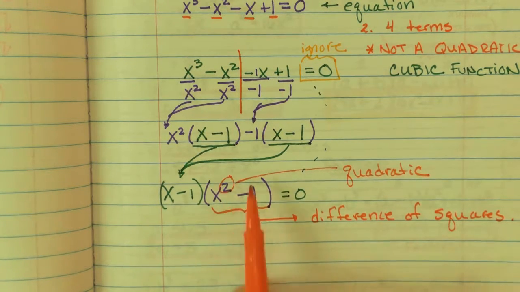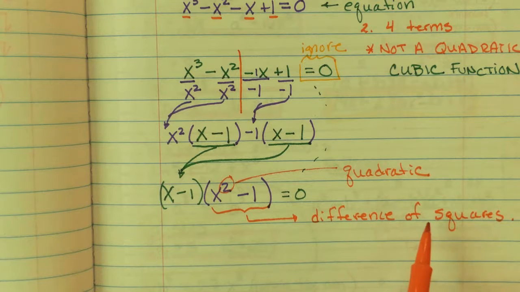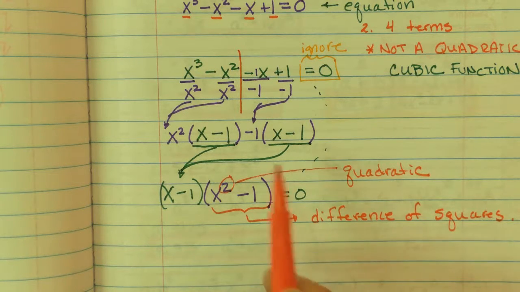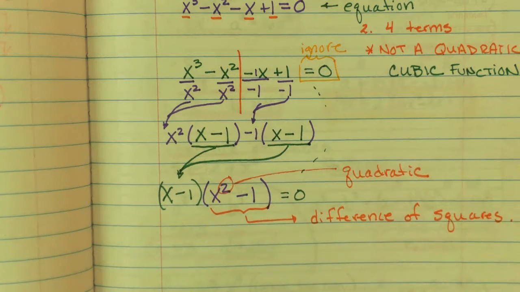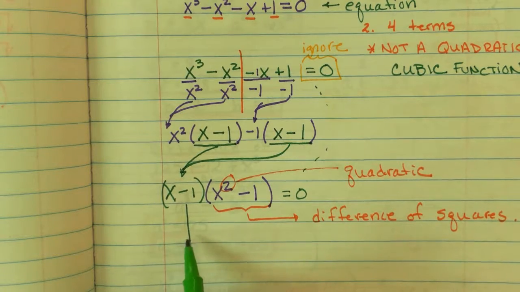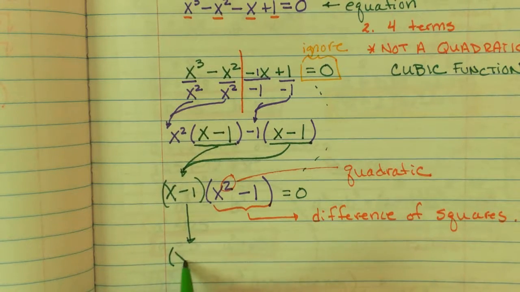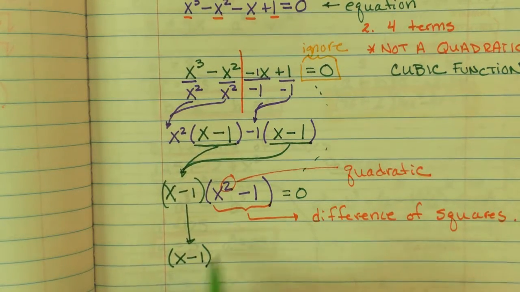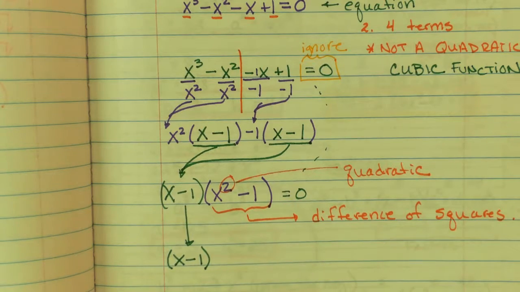So I have to see if I can factor that, and because it's a difference of squares, I can. Sometimes when you get to this step, you're done. In this case, we're not. So I am just simply going to copy down my first binomial, but I have to factor my second binomial.